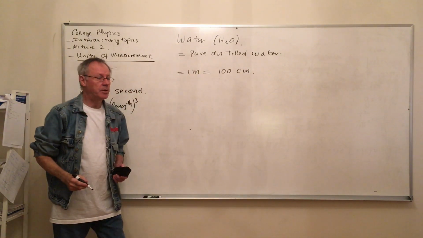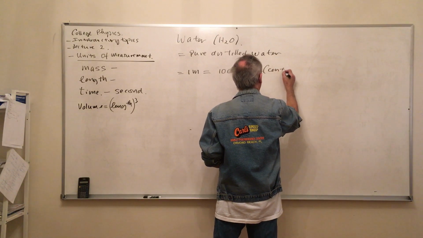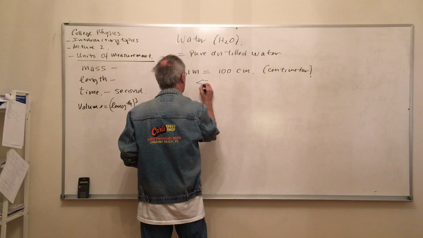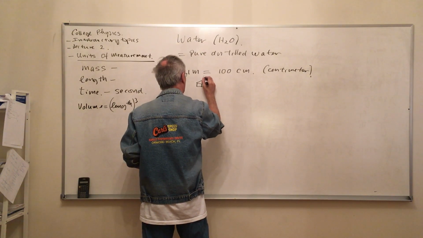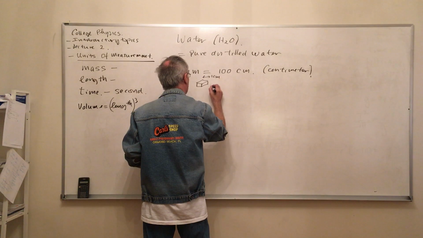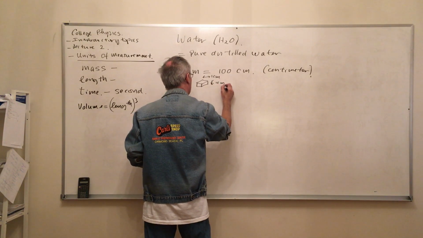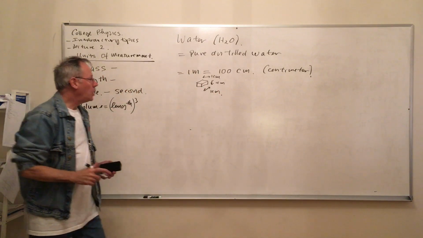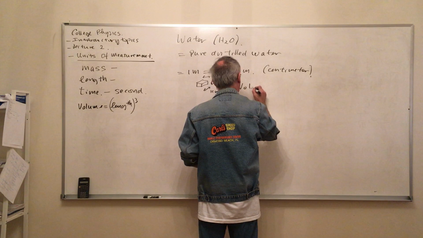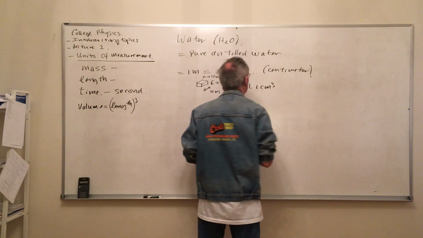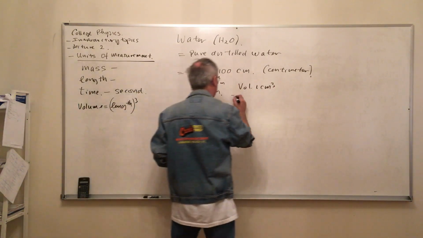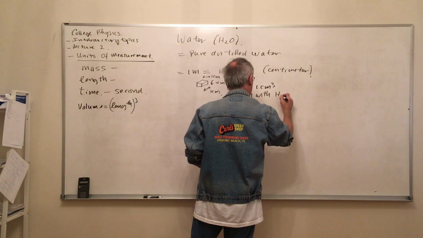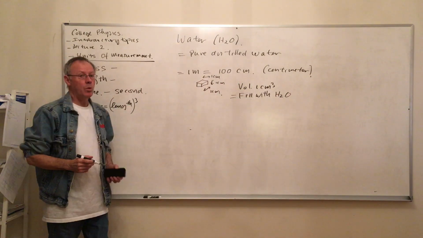We'll call each one a centimeter. And we take a little box of volume 1 cubic centimeter and fill it with pure distilled water.